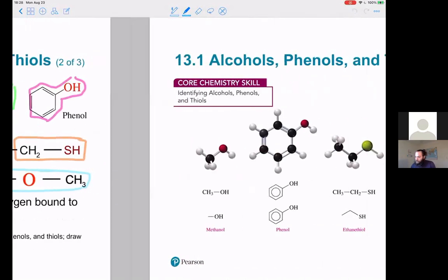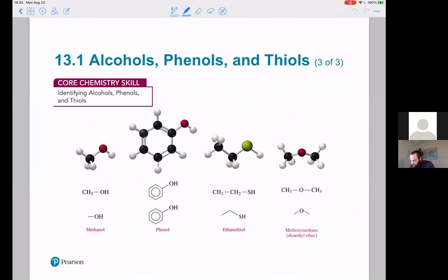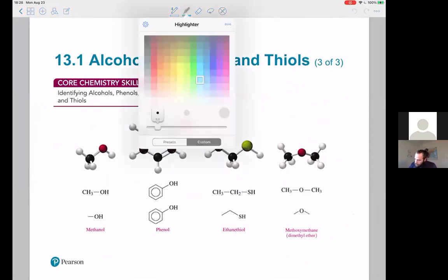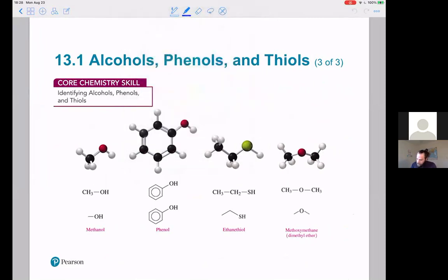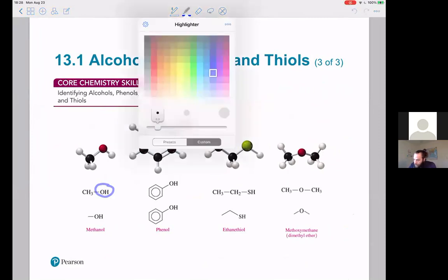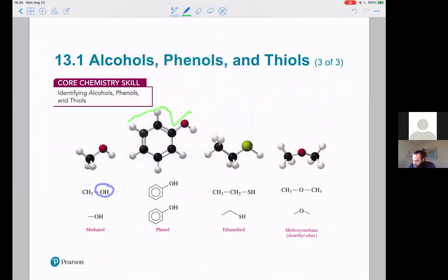We're going to focus on alcohol. Well, I guess just to show you a little bit more about them here. Again, alcohols have that OH group. That's what typifies an alcohol. A phenol, you have an OH group, but it's necessarily bound to a benzene ring.